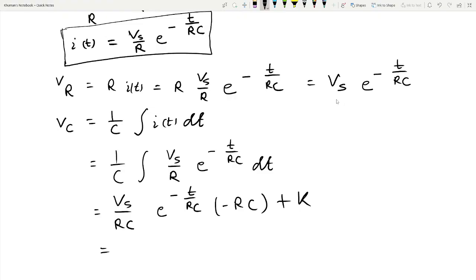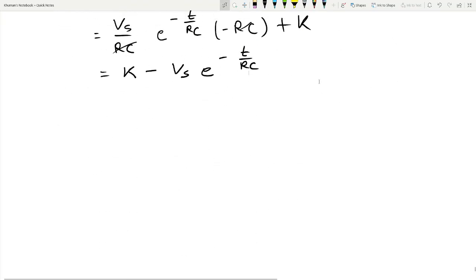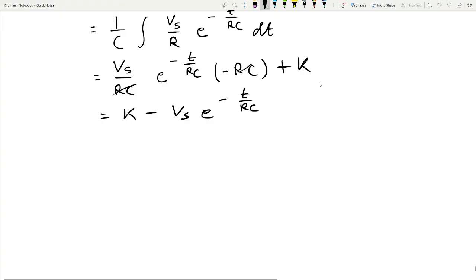Then RC can be cancelled out, so k minus Vs e to the power minus t by RC. So at the initial condition, that is at t equal to 0, VC is also equal to 0.